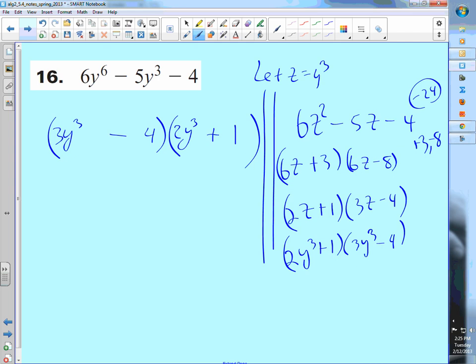Something cubed plus something cubed. If we took the 2 away, it would be good. If we had an 8, it would be good. If we had a 27, it would be good. 2 is not a perfect cube, so that can't be factored any further. Same with the 3 and the 4. So this is how it factors.